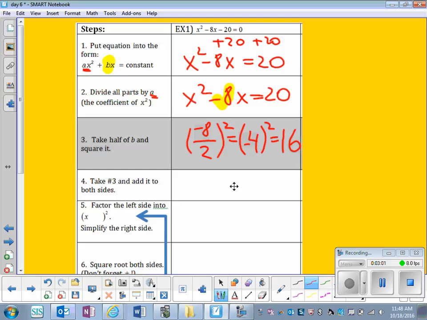Now, I take that result, my 16, whatever I got in step 3, and add it to both sides of my equation, the last form of it.